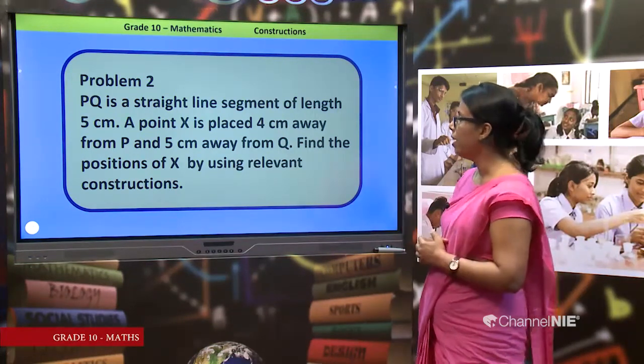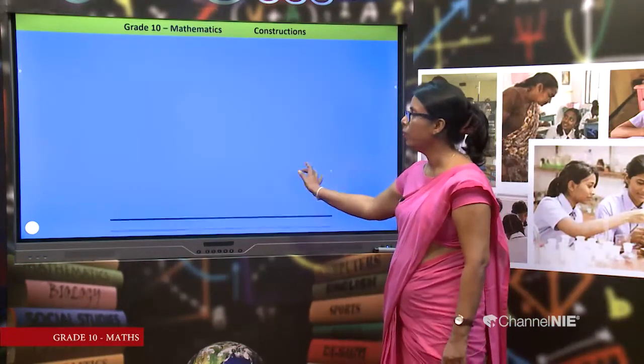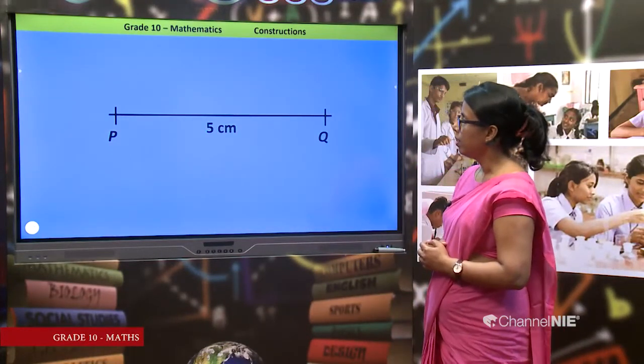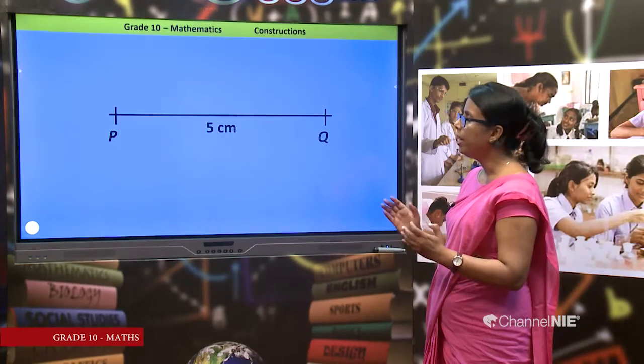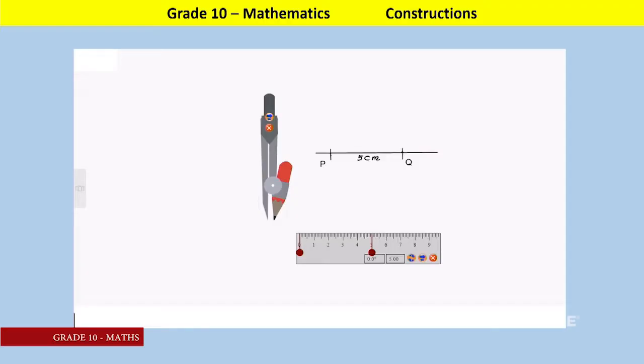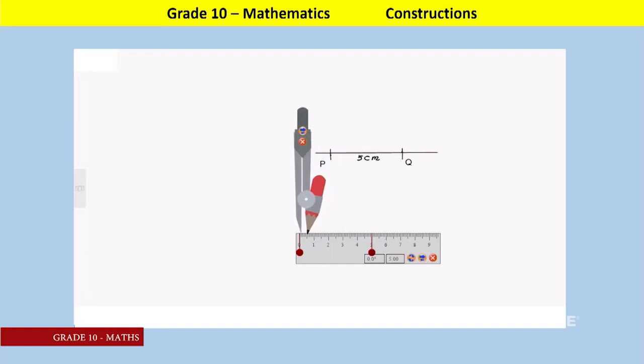Okay, let's start the construction. First, we need the PQ line, or we call it the PQ line segment. Using the help of ruler and pair of compasses, you can construct the PQ line segment.